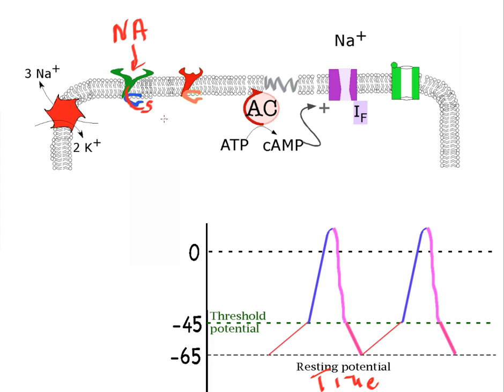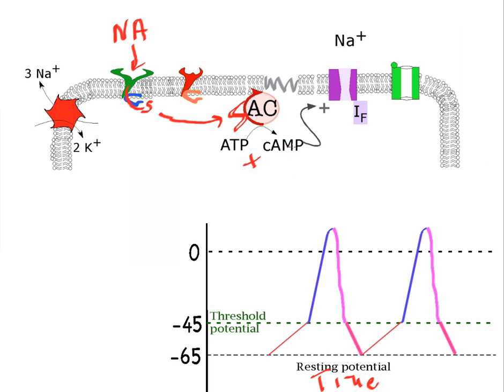is launched from this connection with the receptor over to adenylate cyclase. So now it interacts with adenylate cyclase. And when it does so, it increases the rate of the enzymatic process converting ATP into cyclic AMP.